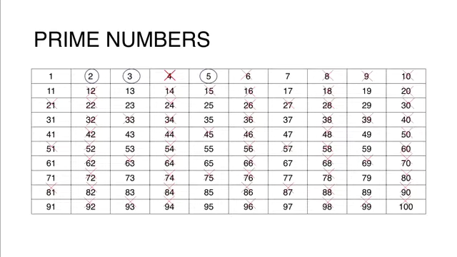So you continue, cross out all the multiples of 5 until you get to 100. Press pause to complete this. Check your result and fix up when necessary.